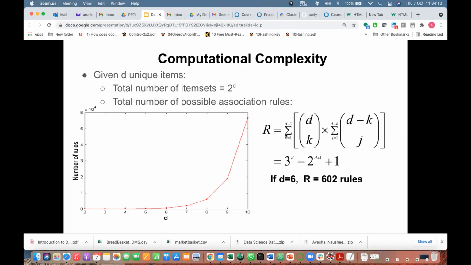If you go by the brute force approach, then you need to find all probable rules. This is just how many probable rules we can find. After that, you need to get the support count, confidence count, all those things, right? For so many rules you need to find out whether they have enough support and enough confidence or not.